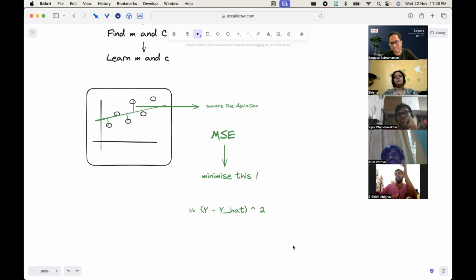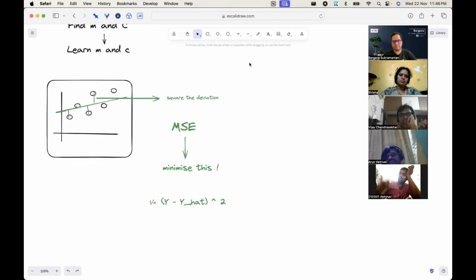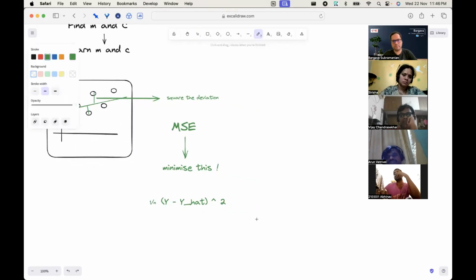No, he's not asking that. Bhargav was asking the functional form of this equation. If you plot the function, how will it look? Imagine y hat to be mx plus c, where x is given, y is of course given. So which means it will be m square and c square.